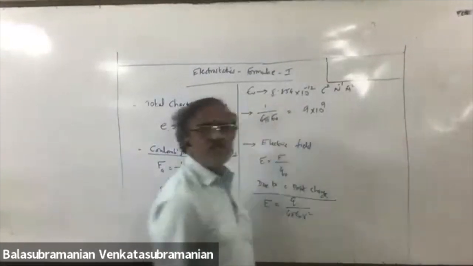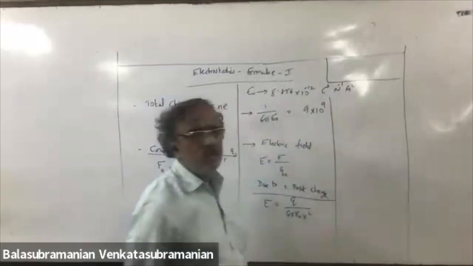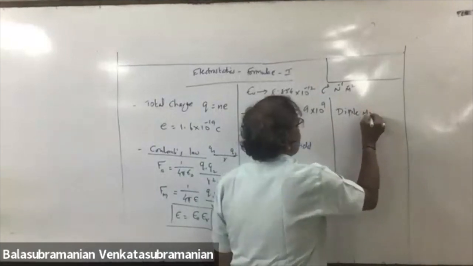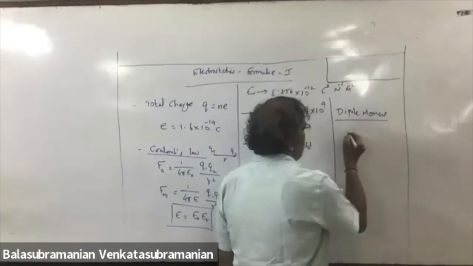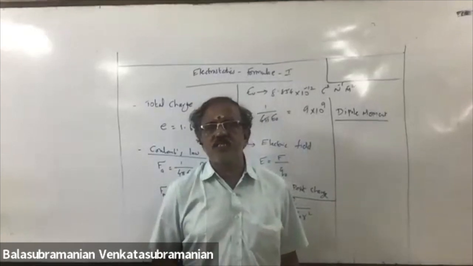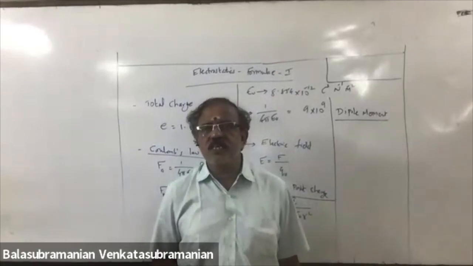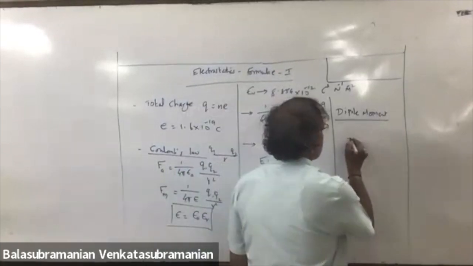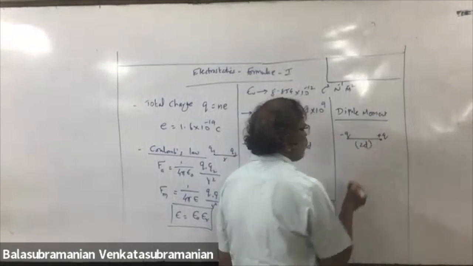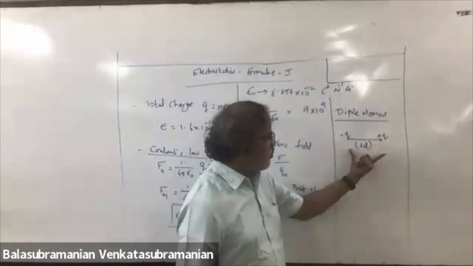Next, dipole moment. Dipole means two equal and opposite charges separated by a small distance. So here, minus q and plus q separated by a distance 2d, 2r, 2a, anything you can put. This is a dipole.